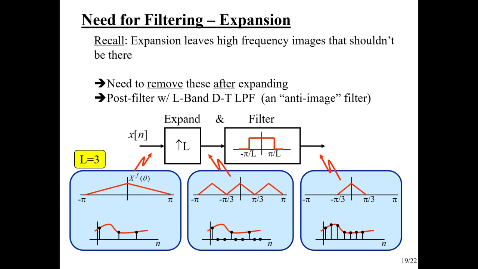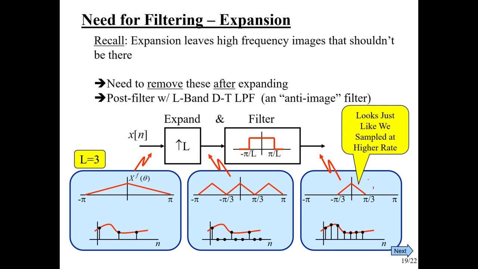Now, at this point, you may be saying, wait a minute, how can this be? How can some filter just convert zeros into exactly the right values? Well, you didn't seem to have any problem with this signal being able to go through a DAC and perfectly create the entire red continuous time signal.